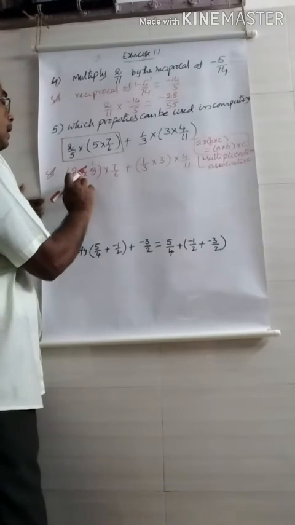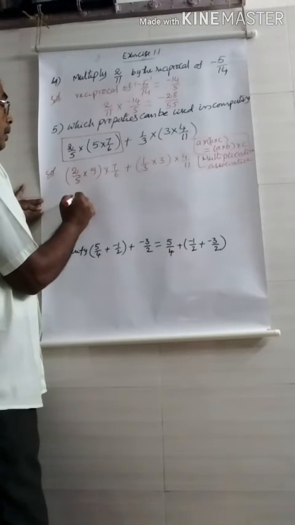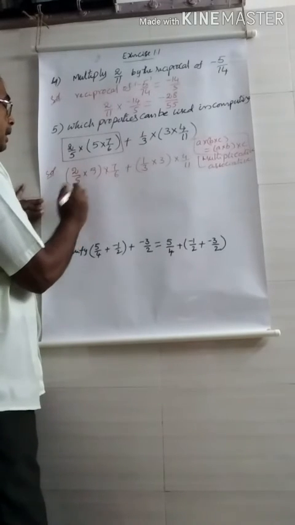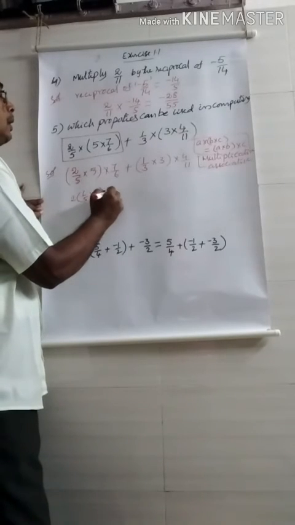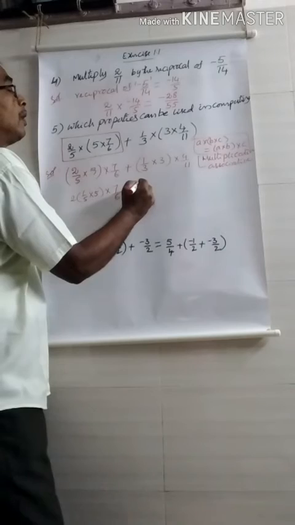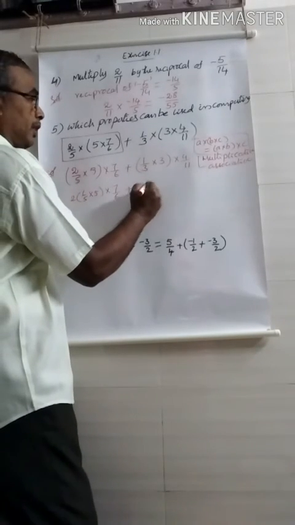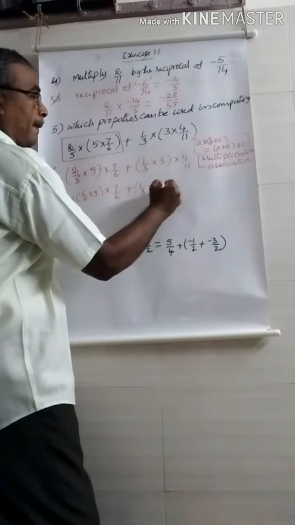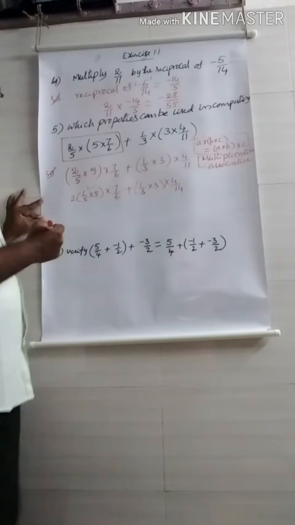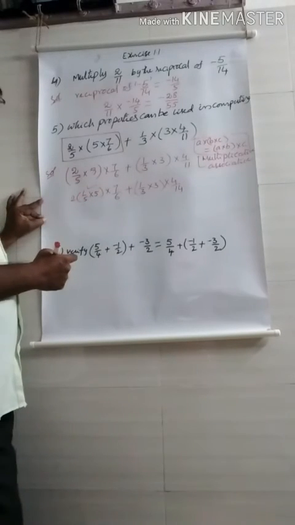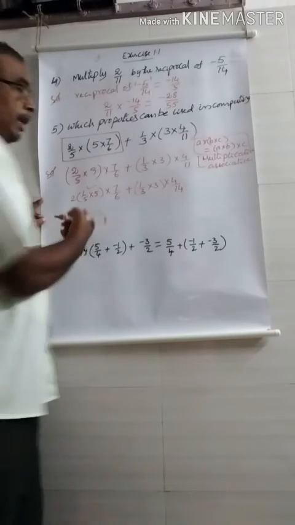You may observe, or you may write like this, 2 into 1 by 5 into 5 into 7 by 6 plus. Here there is no need to rewrite, you write as usual without any change. What type of property is this? Reciprocal of 5. That means it is what property? Multiplicative inverse.